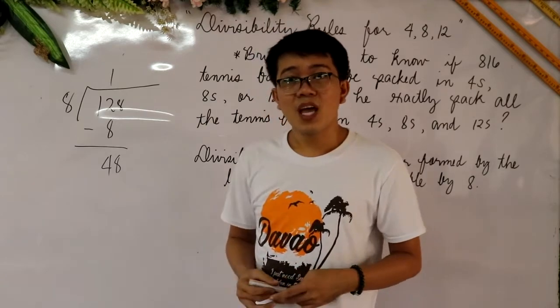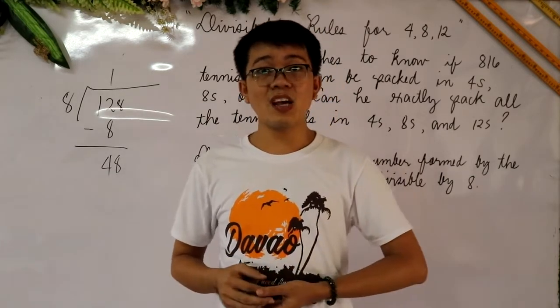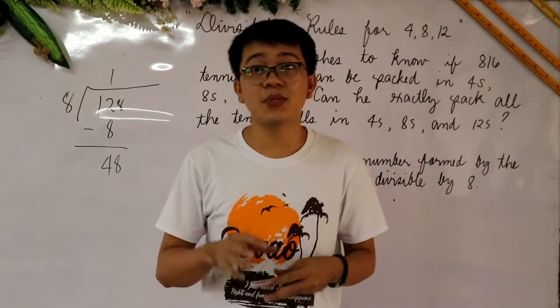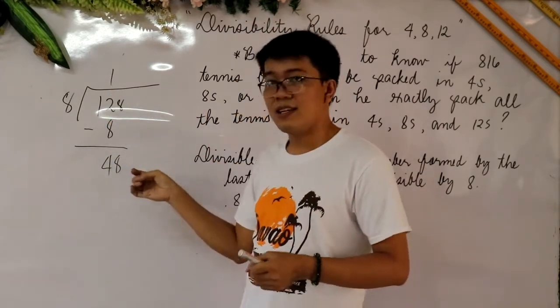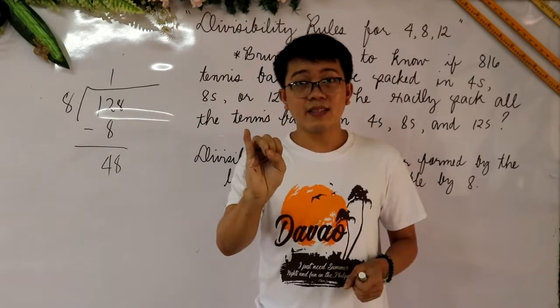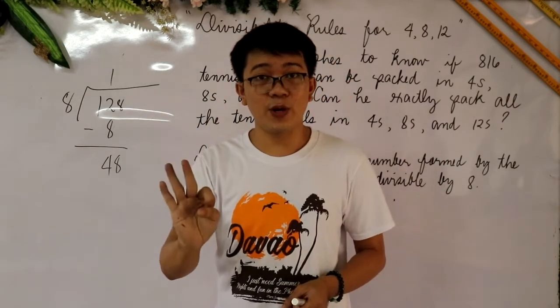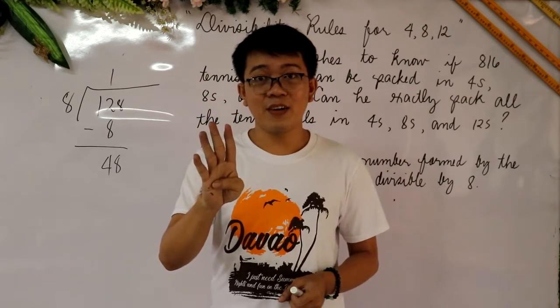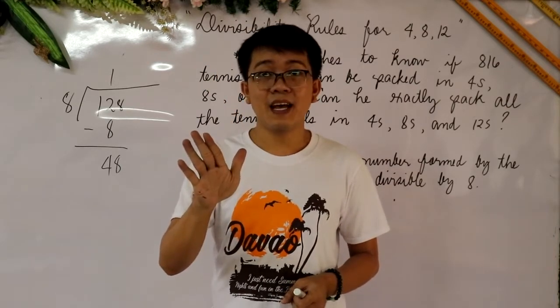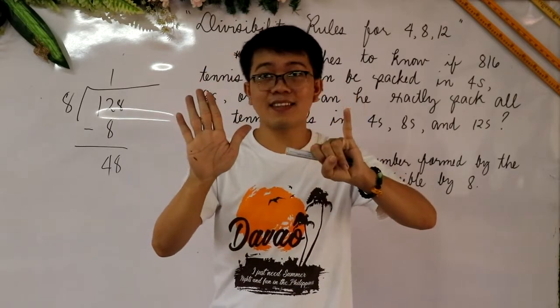I told you, if you are well versed in the multiplication table, it is easier for you to divide. You just have to skip count. Like 8, let's try to reach 48. 8, 16, 24. What's next after 24? 32. After 32, 40. After 40, 48.